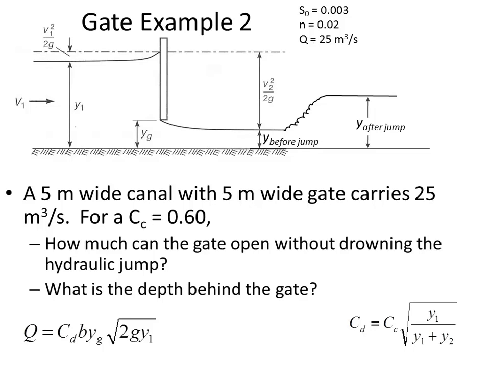If that isn't less than y sub c, there will be no jump. So in other words, we have to have supercritical conditions for a jump to occur. And so y before the jump has to be less than the critical depth for a hydraulic jump to occur. So you're right.